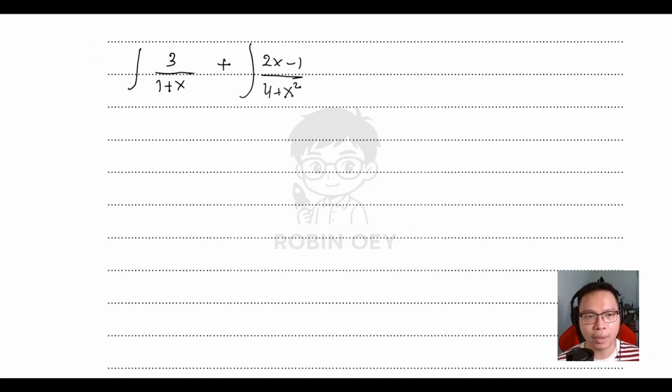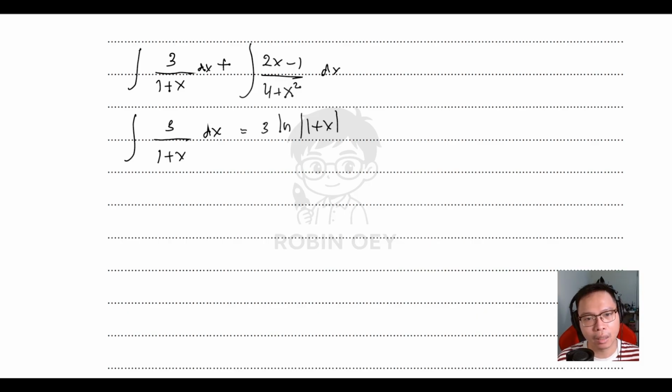Let me do it one by one so you can get how it's done. For the first one, dx, this will be 3 ln of 1 plus x.